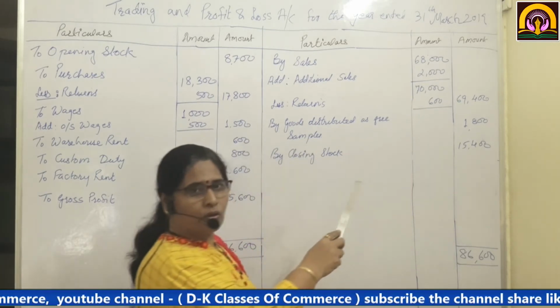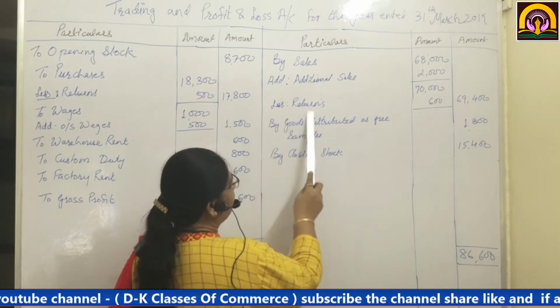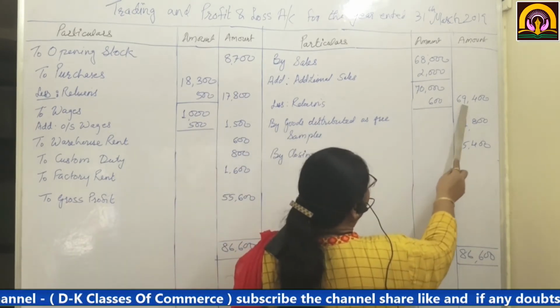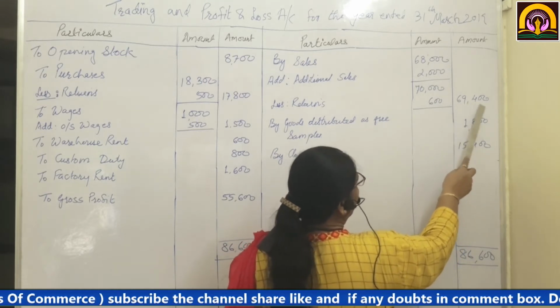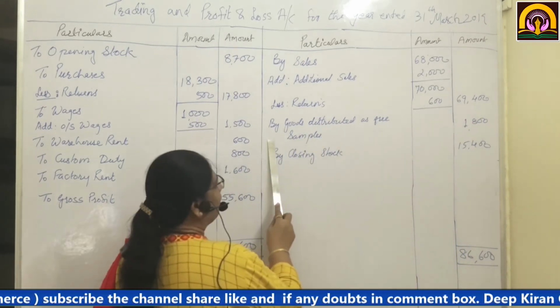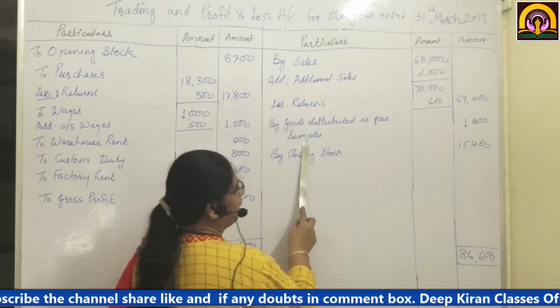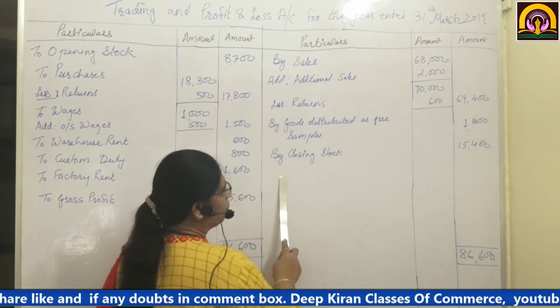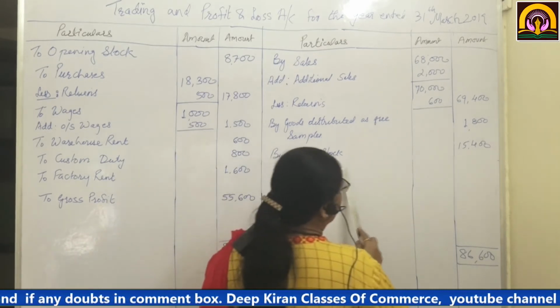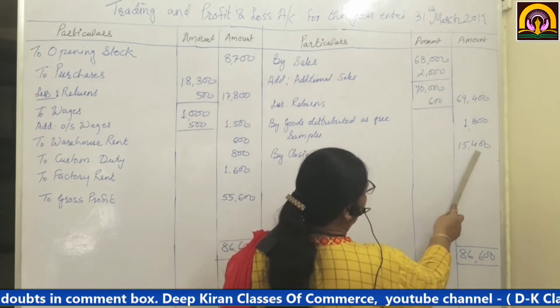Because there are also sales returns. So less returns 600, and the total after deducting is 69,400. Then by goods distributed as free samples 1,800. And closing stock is given in adjustment number 1, 15,400.